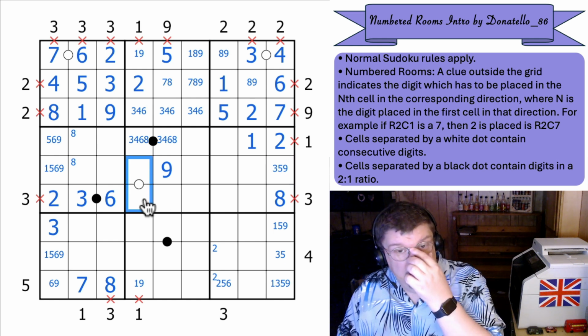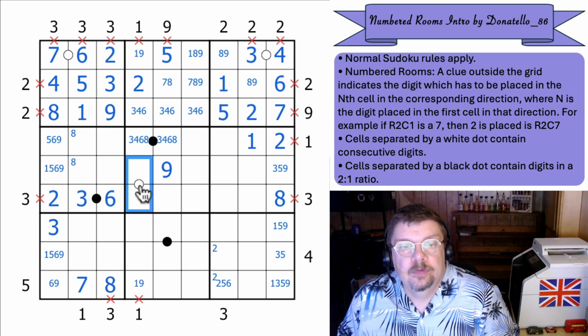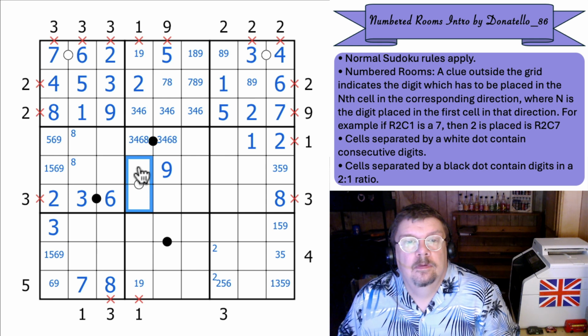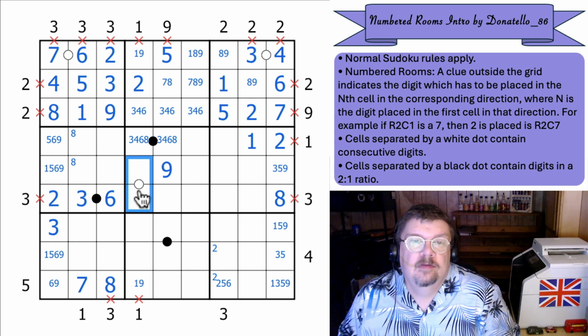This digit here, or this dot here, I should say, what can I say about that? Doesn't have a 1, 2, or a 9 on it at all.